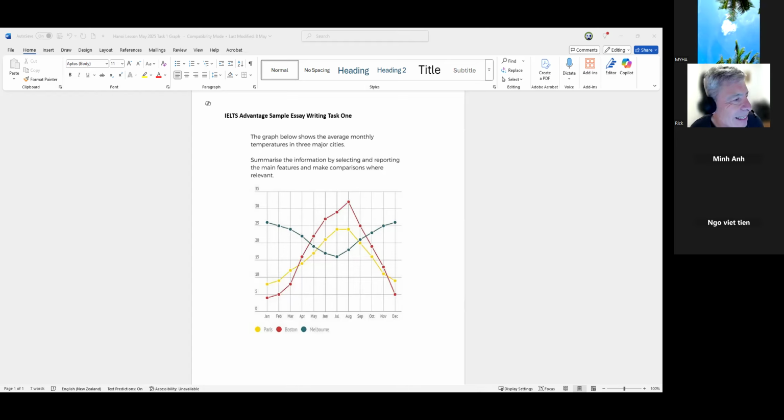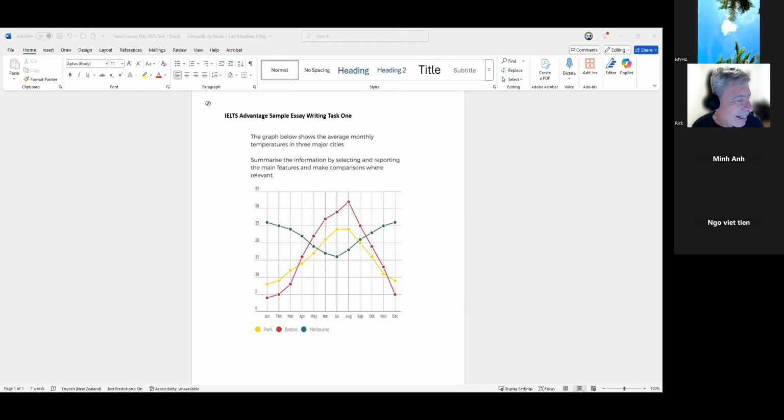I think better, can you see your last sentence, Viet Tien? Best, I think, the way you've got this sentence, may be best to start with the word temperatures, okay? As in, temperatures in Paris were in between the other two cities.